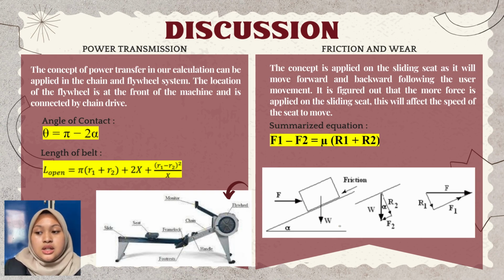As a result, the force required to make it slide up the plane is 307.3 Newton. This can be calculated by first finding the reaction forces acting on the plane, and once the information is enough, we can substitute all the values into the formula, which is F1 minus F2 equals mu in bracket R1 plus R2. That's all for our discussion. Moving on to the next presentation.